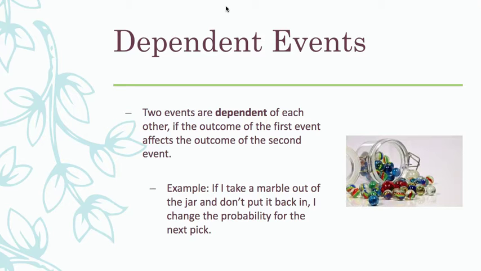If I take out one blue marble and then the next time I go to take a marble out, I do not replace it, then my probability of getting a blue marble is going to be different because I only have 14 blue marbles in that jar instead of the 15 that I had previously. So as you can tell, those two events are dependent on each other. One event determines the outcome of the other event.